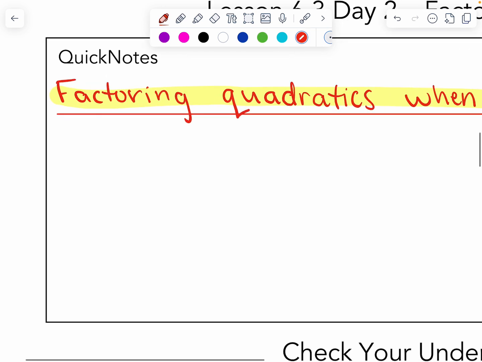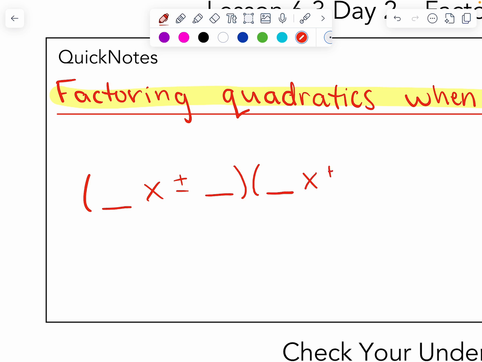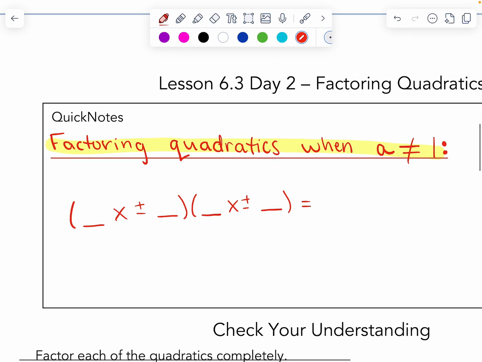So this is going to be when there's some number in front of x, plus or minus some other number, multiplied by some number in front of x, plus or minus some other number. When we do this, we should ideally get it in the form ax squared plus bx plus c.